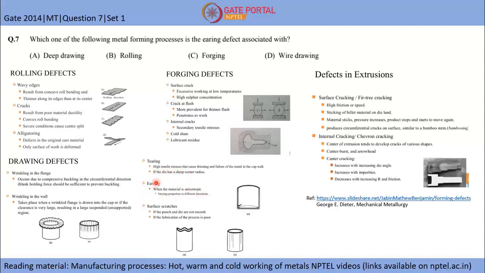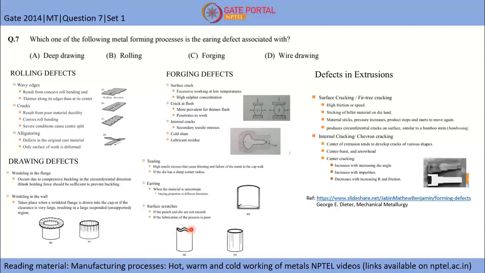And earring. What is earring? Let's say I have a sheet which is first rolled, so it has some texture on it. If texture is present, the material is anisotropic, so it will behave differently in different directions. When the sheet is anisotropic, after punching or deep drawing you will get such a structure.